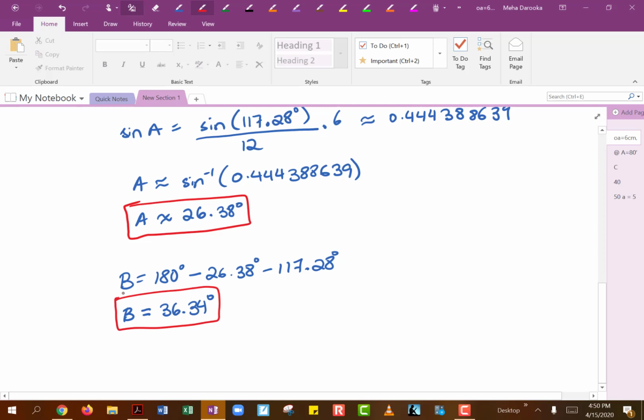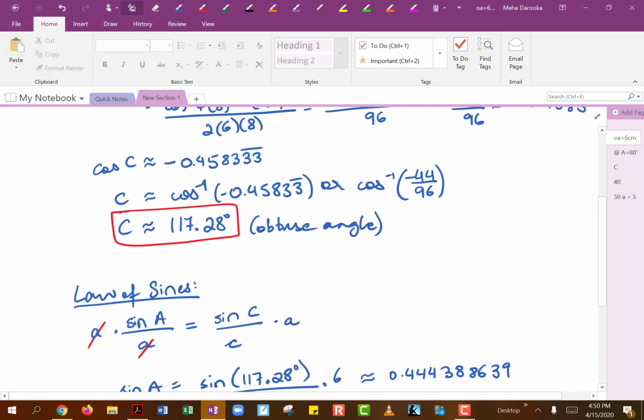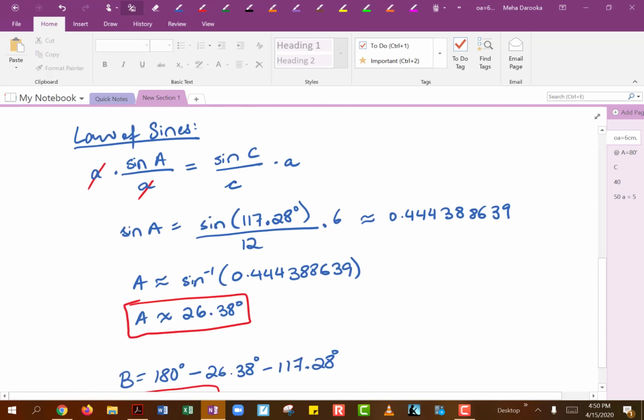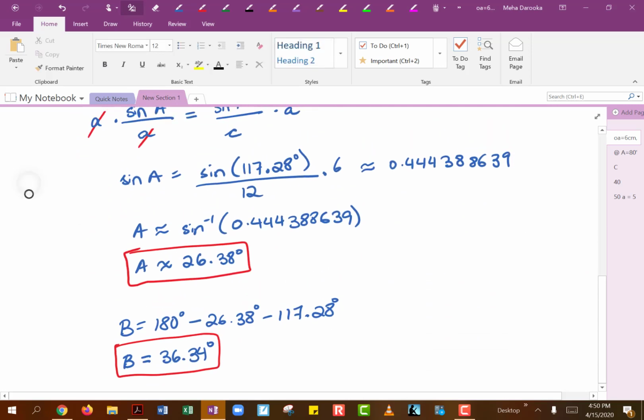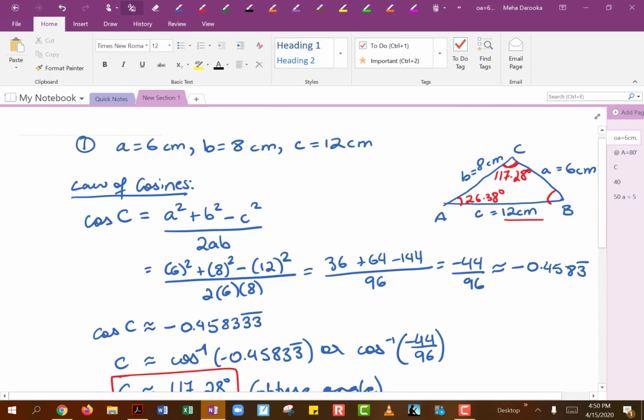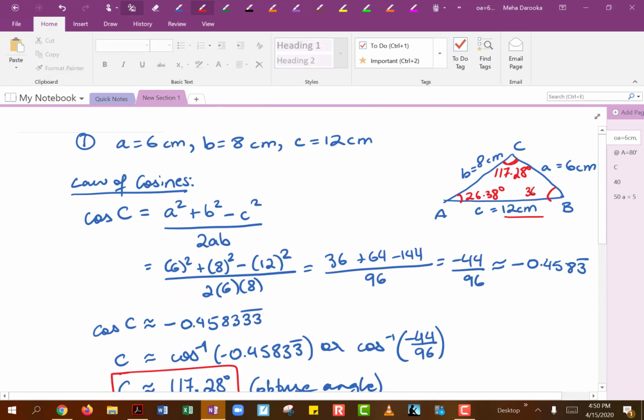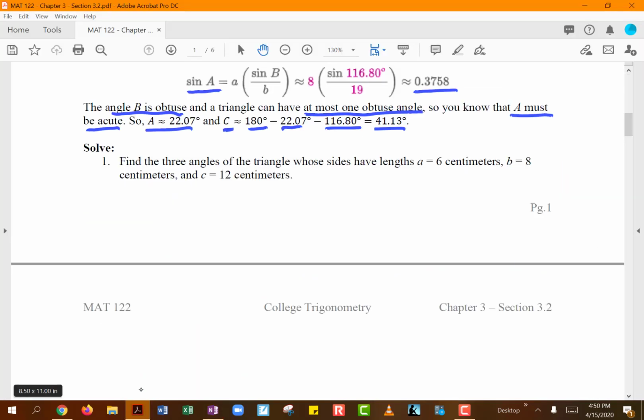So you can actually see this is going to be a combination of using both law of cosines and law of sines to come up with this answer. So that's 36.34, and we have our three remaining angles. Okay, alrighty, so that was example 1.